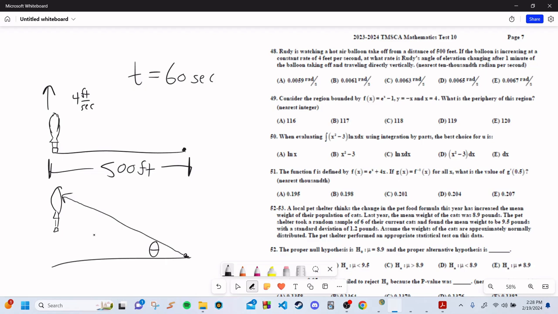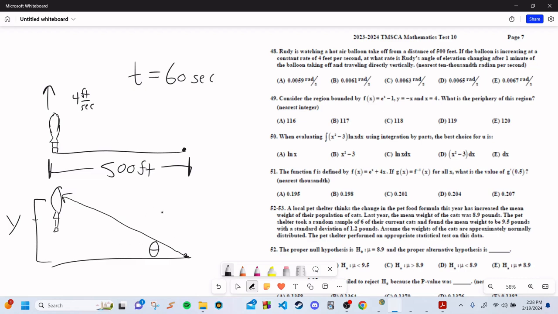And so this is a related rates question. So the way you want to do it is first you want to write an equation that models the scenario. So let's call the distance of the balloon at any point in time y. So in the beginning y is 0, and at the end y is some other value. We actually know what that value is.